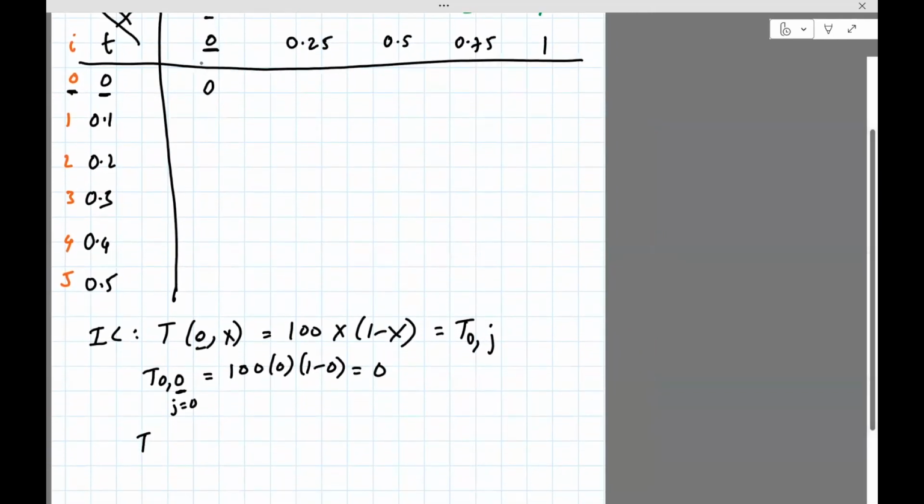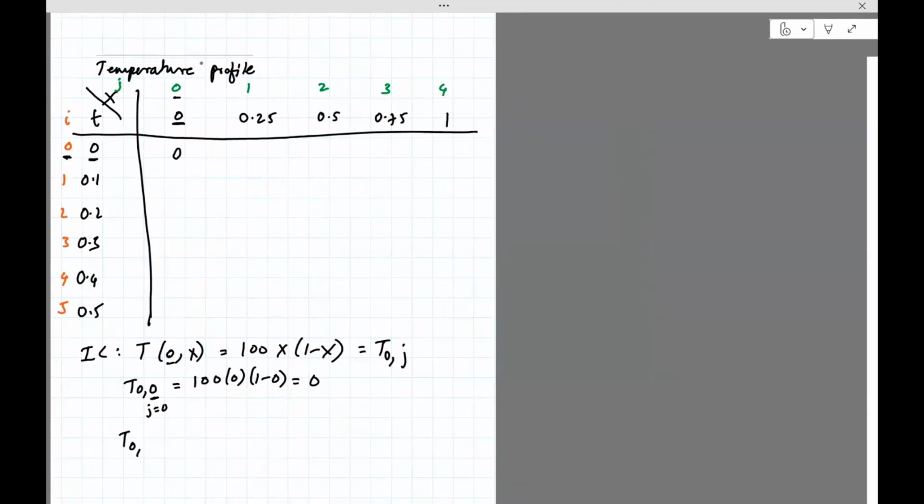Then we have T(0, 1). What's the second index? 1. That's for j equals 1, which is x equals 0.25. So 100 times 0.25 times (1 minus 0.25). That's going to be, I think, 18.75.